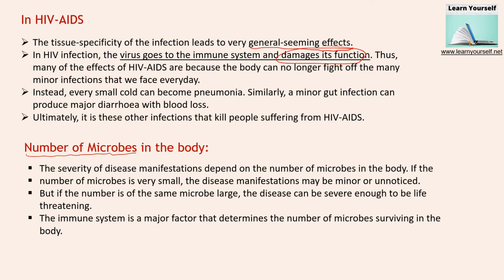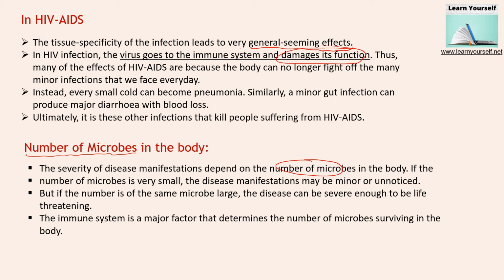But even if the microbial infection is very simple, very minor, if the microbial count is very high, then it will be difficult for our immune system to tackle that infection. The severity of disease manifestation depends on the number of microbes in the body. So the number of microbes is one of the important factors when we are talking about how to cure that disease.